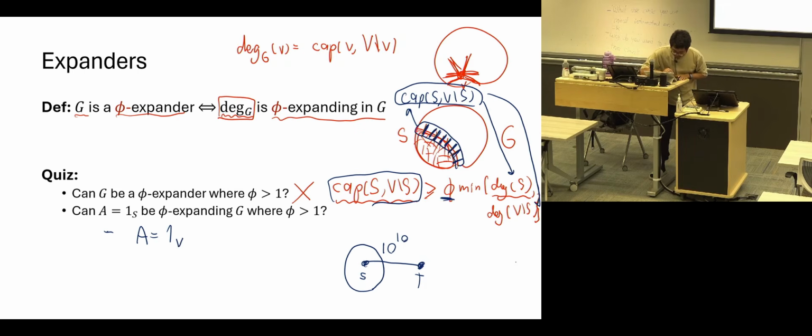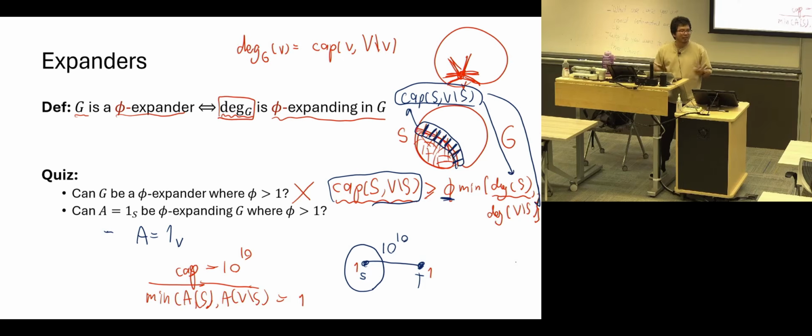So the node weighting here is just 1, let's say. Then the capacity here is 10 to the 10. But when you take the min of A from both sides, this part is just 1. So this is much bigger than 1. Right.